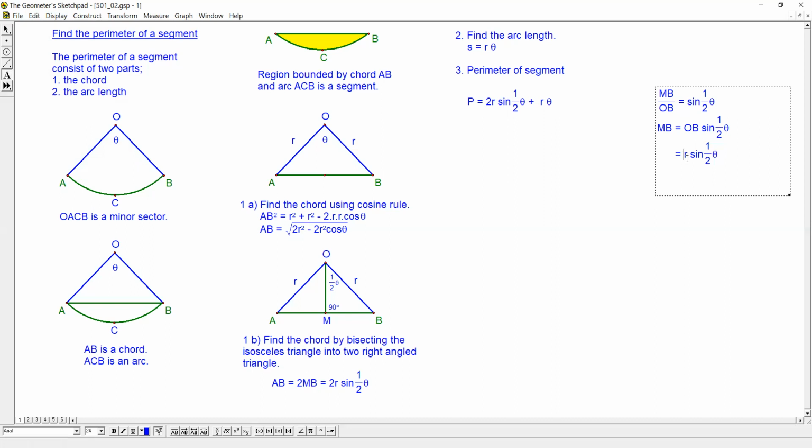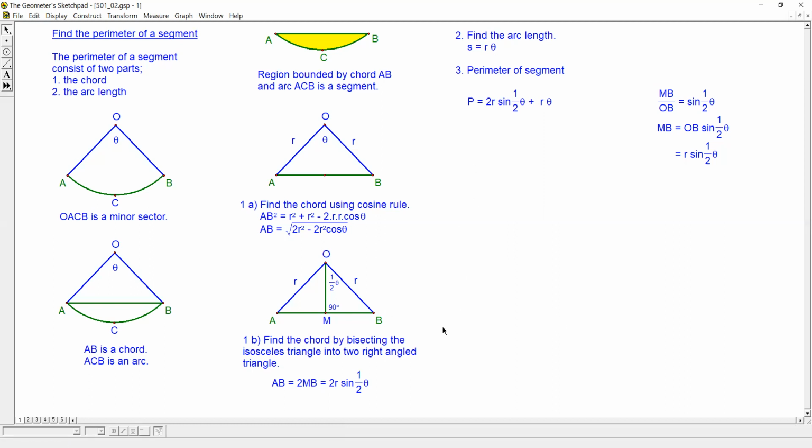So it's 2R sine half theta. So if you don't know the cosine rule, you want to find AB, can, because in form 3 you have learned the trigonometric ratio, opposite over hypotenuse. Hypotenuse is your radius r.